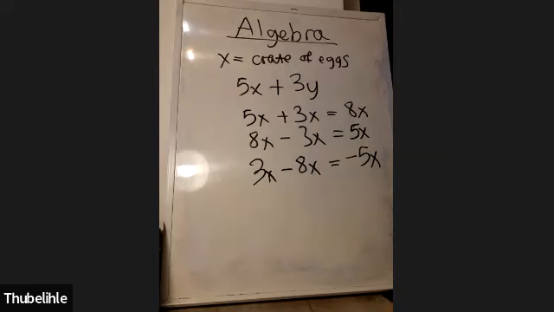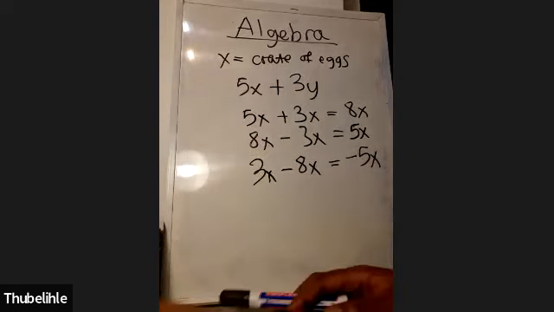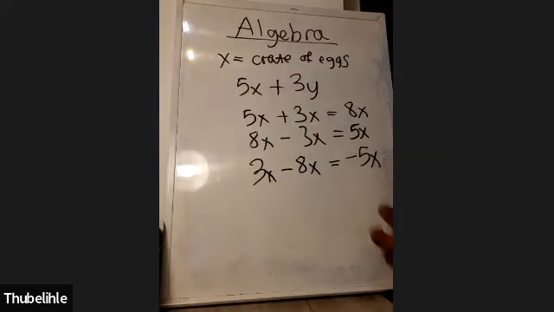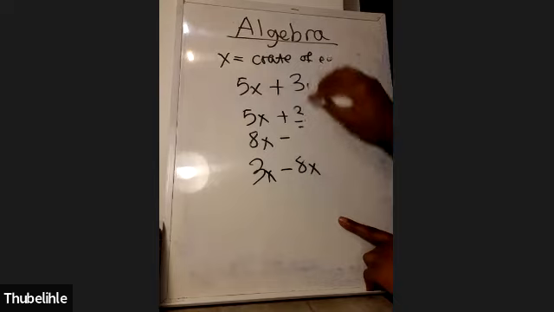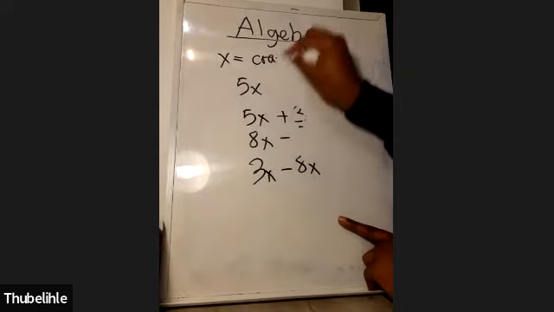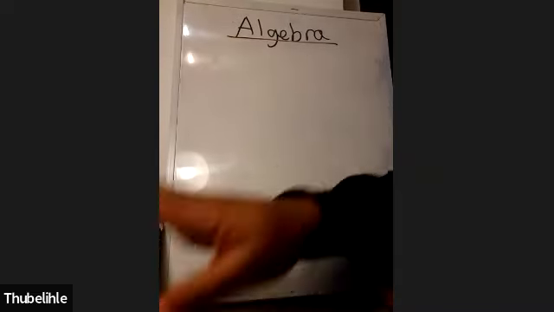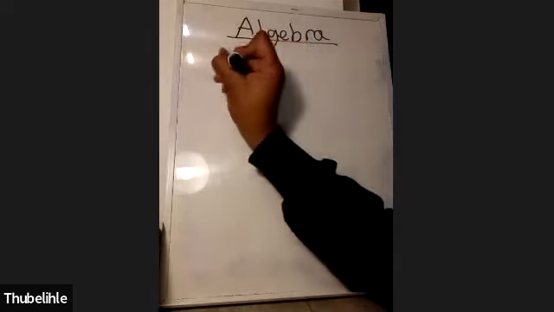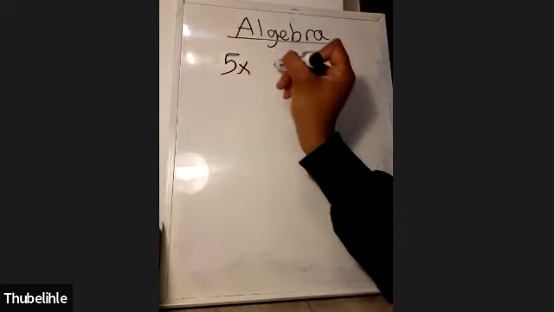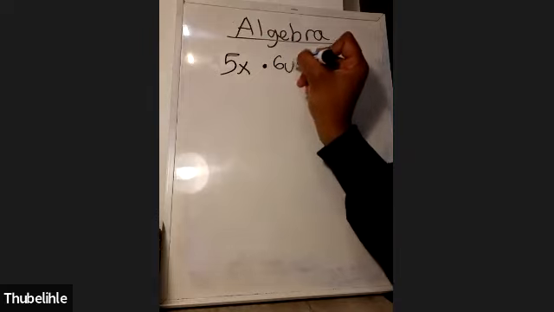So as I was saying, you cannot add or subtract different variables, but you can multiply them. You can't divide them, but you can multiply them. So let's say, for example, here we have 5x multiplied by 6y.